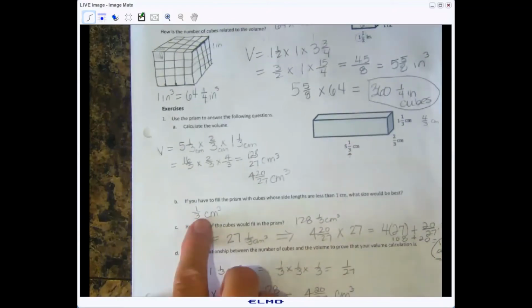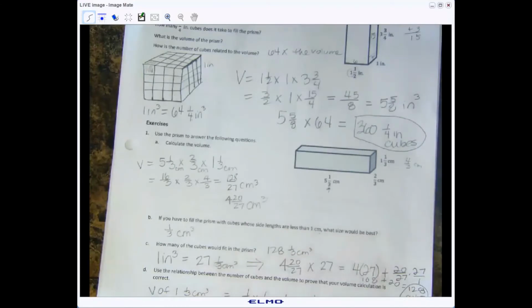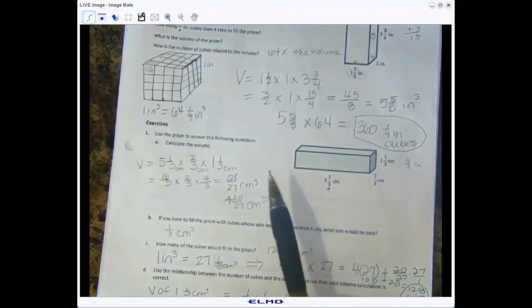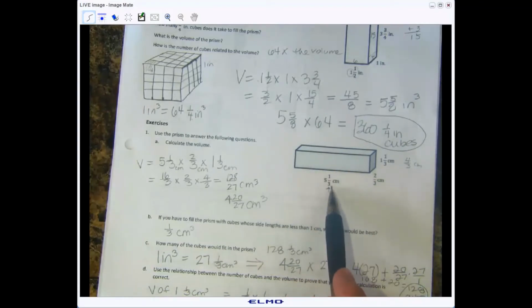So now we're asked, if you have to fill the prism with cubes whose side lengths are less than 1 centimeter, what size would be best? What they mean is they don't want any wasted space. What size cube that's less than 1 centimeter would fit perfectly into 5 1/3 centimeters?